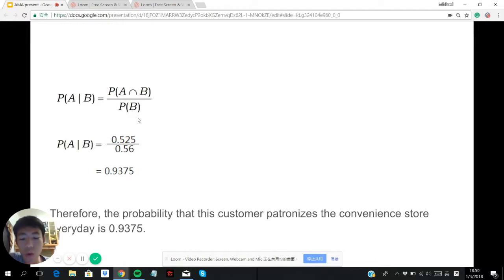Accordingly, the required probability is equal to 0.525 over 0.56. So we can get the final answer, which is 0.9375. As a result, the probability that this customer patronizes the convenience store every day is 0.9375.